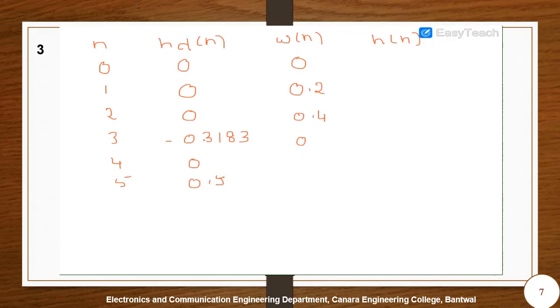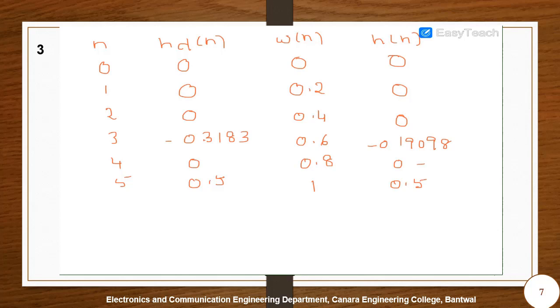This is 0.6, 0.8 and 1. So h of n becomes 0, 0, 0 and here you get this value as minus 0.19098, and this is 0 and this is 0.5.